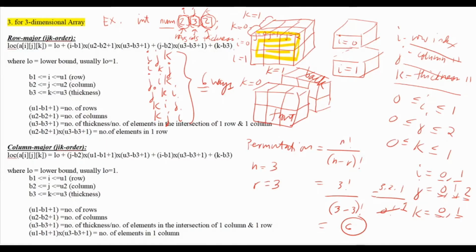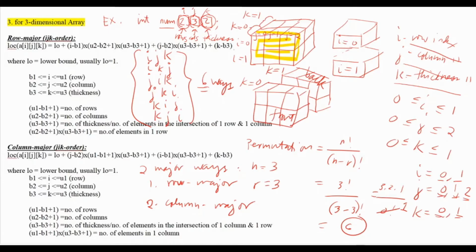And so it is possible that there will be 6 ways of ordering the elements of a 3D array in the RAM or in the main memory. But there are only 2 commonly used ways, and that would be the row major order and the column major order, which we have discussed last time for 2D array.